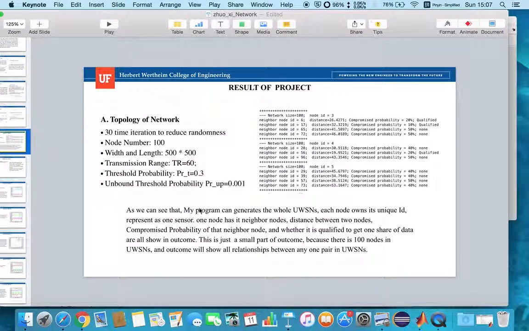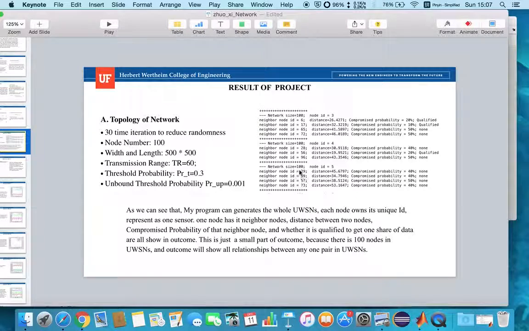As we can see, my program can generate the whole network as a UWSN, and each node with its unique ID represents one sensor. Each node has its neighbor node district and the distance between two nodes. You can see the distance and the compromise probability of this node, and whether it is qualified to get one share of data, and the outcome.